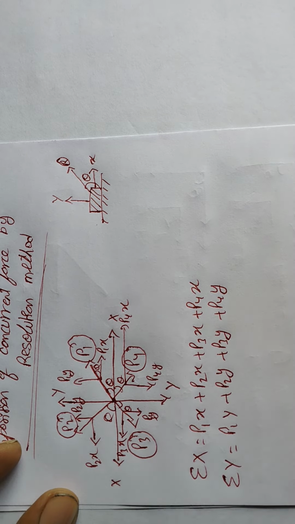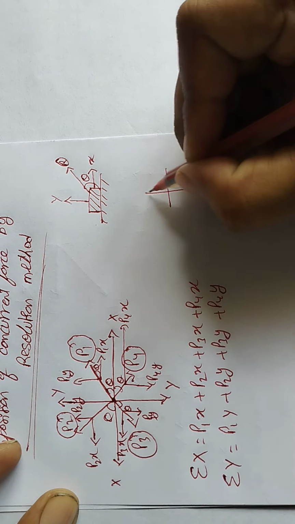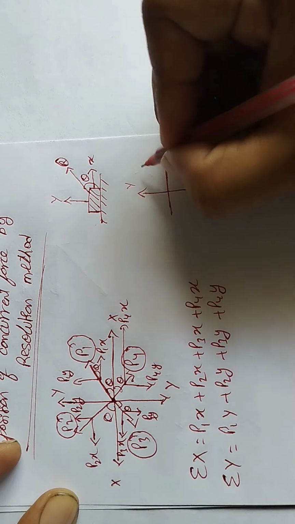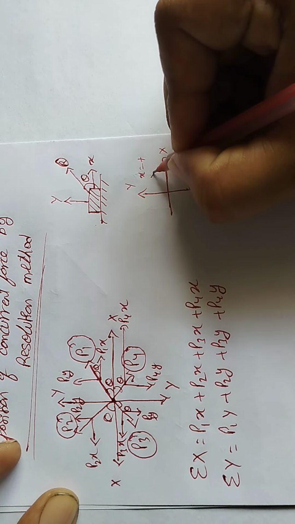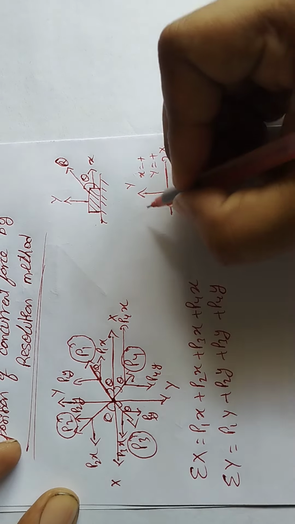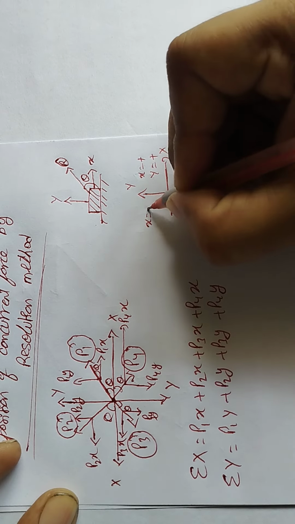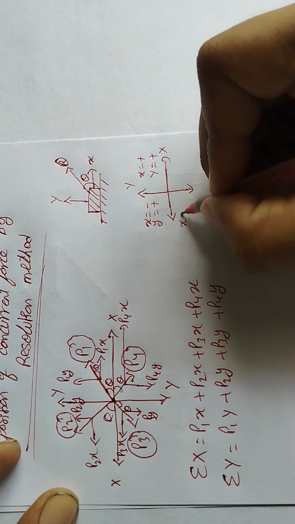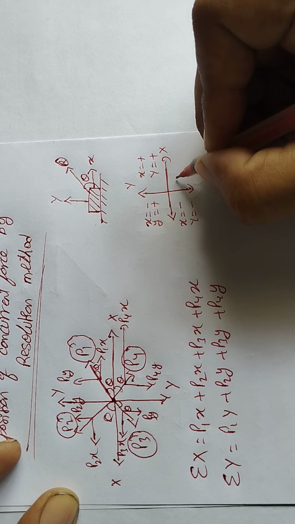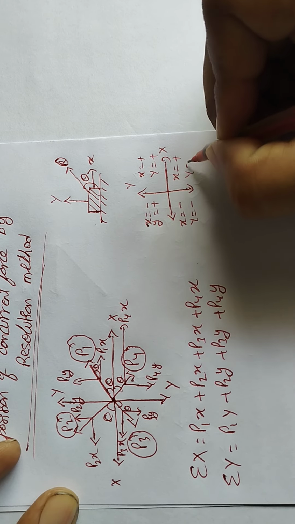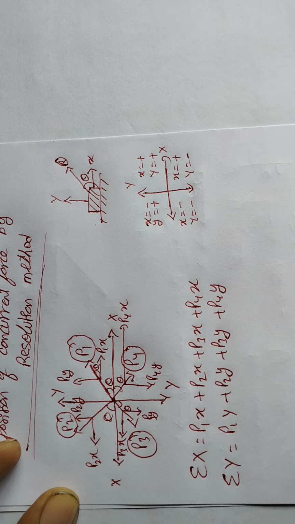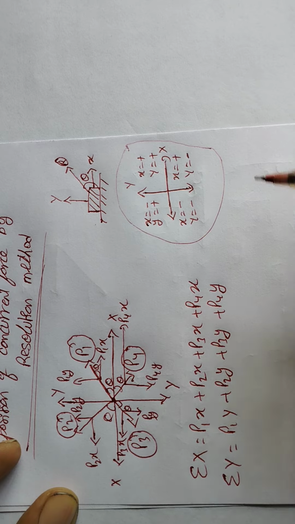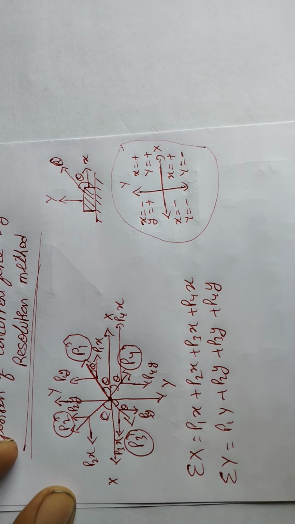That's a different concept, but I'll give you a hint: x positive, y positive; x negative, y positive; x negative, y negative; x positive, y negative. If you want me to make a video on this concept, please comment and I'll do it. In this there are some positives and negatives, don't worry about that now.